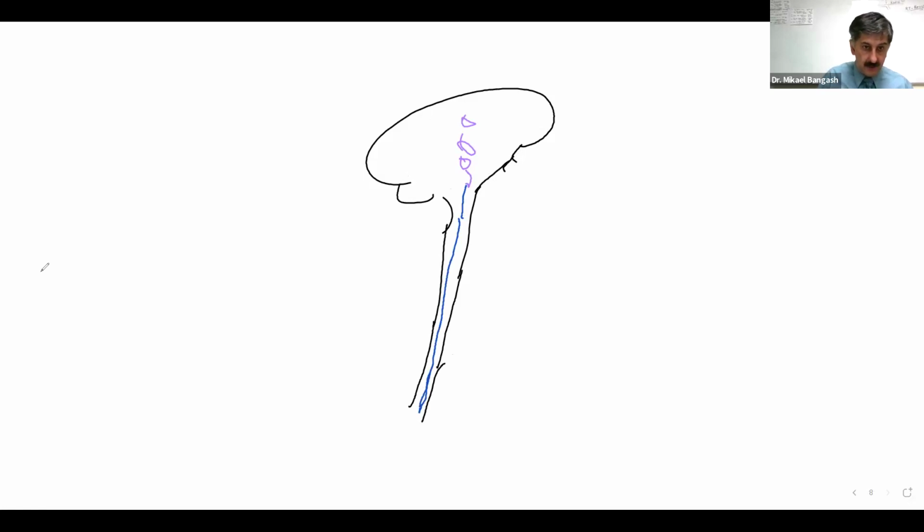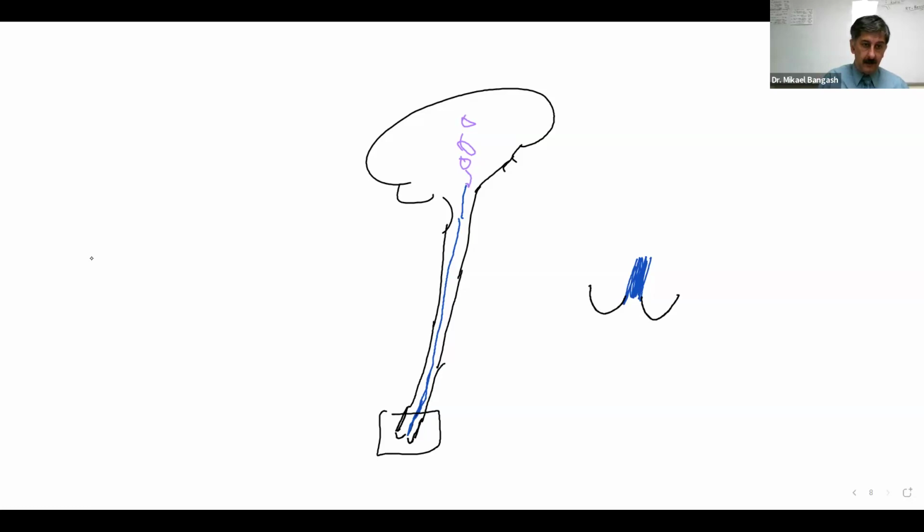Now, ladies and gentlemen, at the bottom of your spinal cord, let's magnify this area here. We can say this is the central canal. This is one end of the spinal cord. This is the other end of the spinal cord.